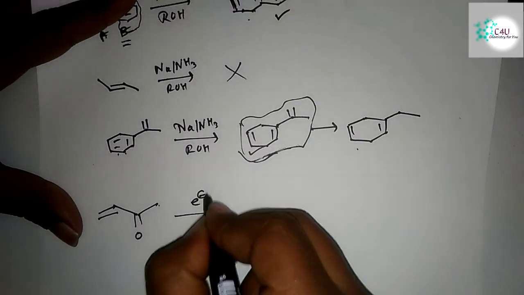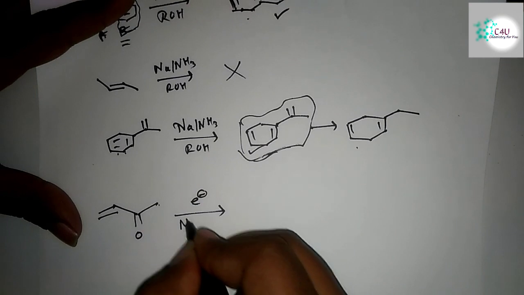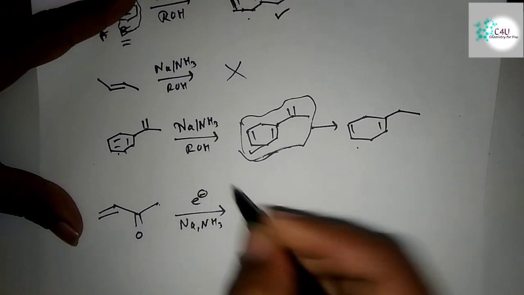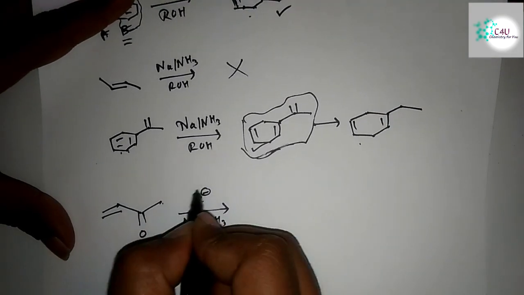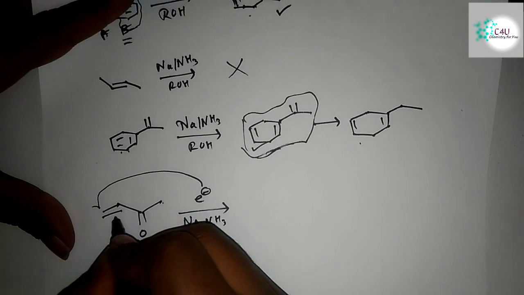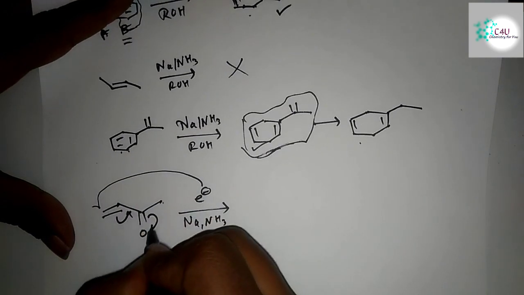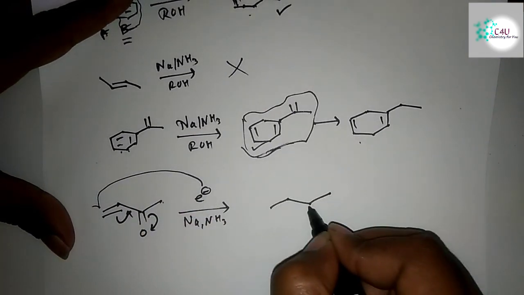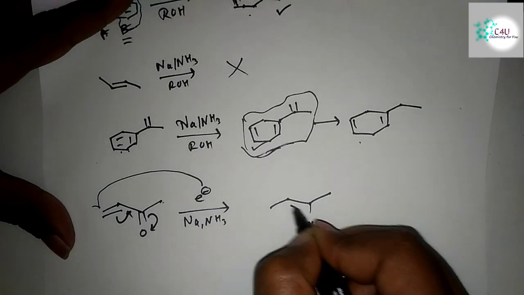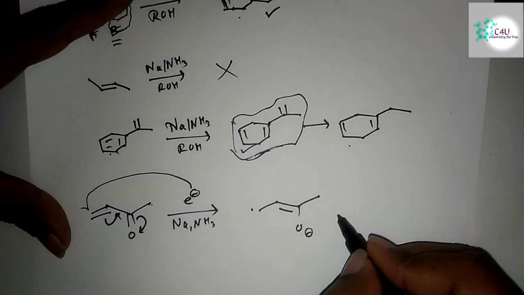So the electron from sodium, condition I'll write here, Na/NH3, electron from sodium approaches this carbon, this goes here, and oxygen gets negative charge, an oxyanion is being formed here. Okay, so this radical is there.